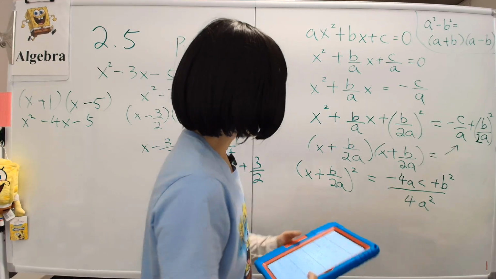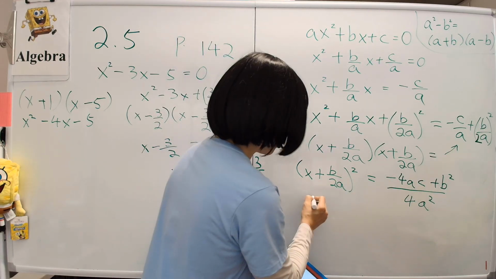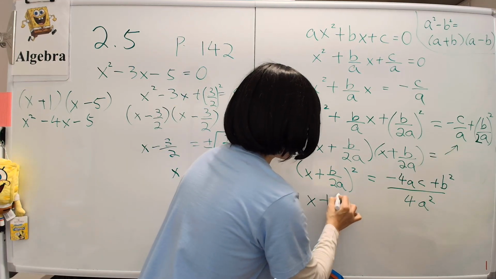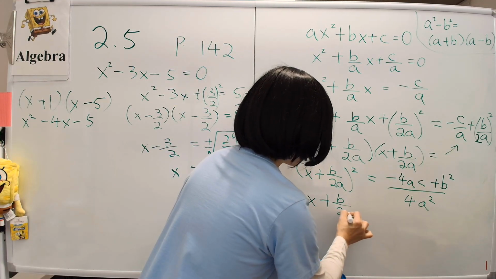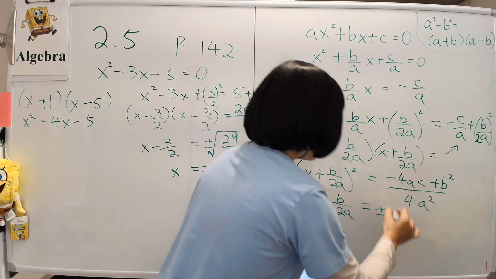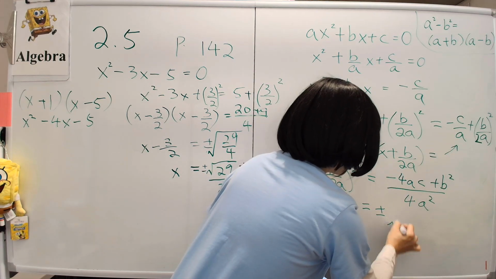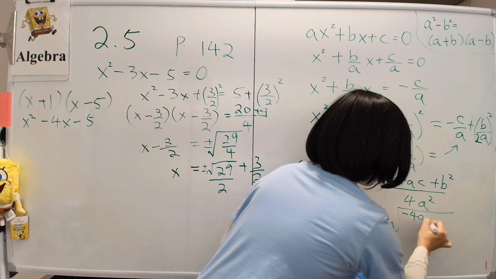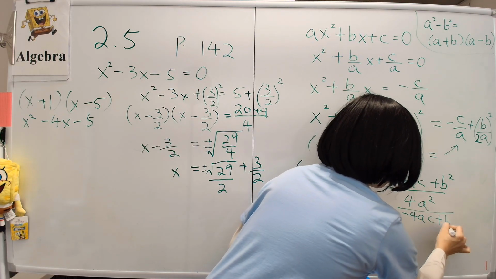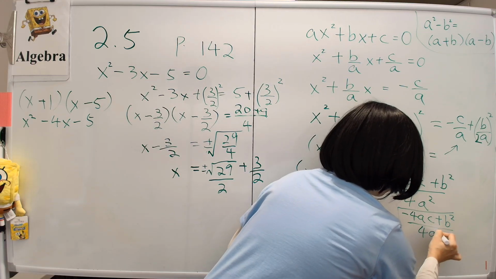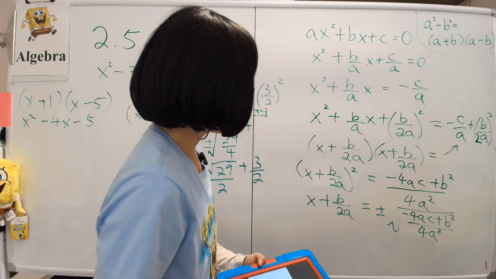And then next, we will take the square root. Now we have a giant looking thing. So we have x plus b over 2a equal to the plus and minus of that mess, okay? That whole thing there: minus 4ac plus b squared, divided by 4a squared, all under the square root.